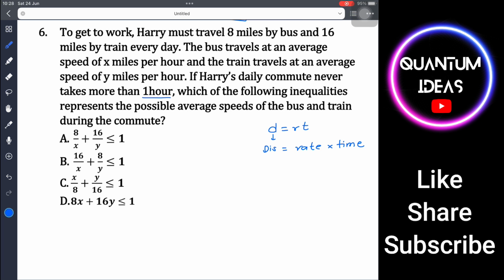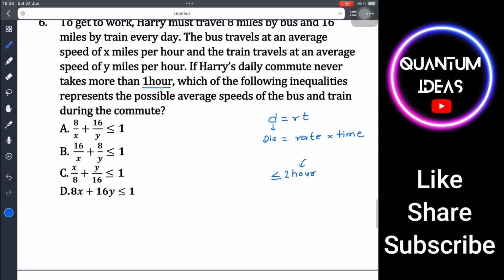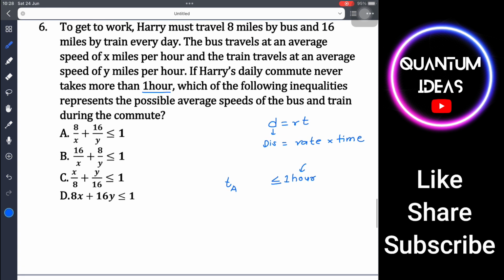So our inequality should be less than or equal to 1 hour. Since this is in terms of time, we have to write the time taken to travel, first let's say by bus.